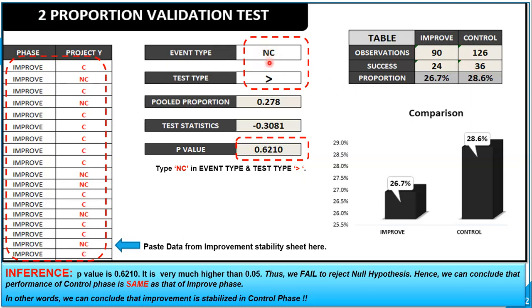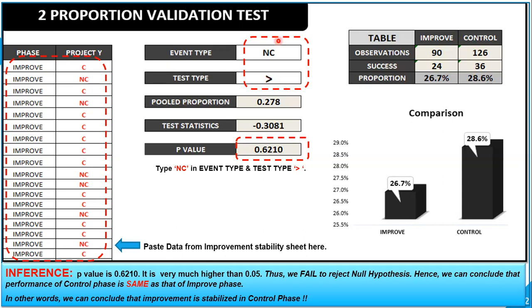And please do not forget, after adding NC over here, we need to choose the test type of greater than. So just click on the drop down and select the test type of greater than sign. That's it. So this is what a two proportion validation test is for us, and this indicates that we have sustained or stabilized the improvement in a control phase.